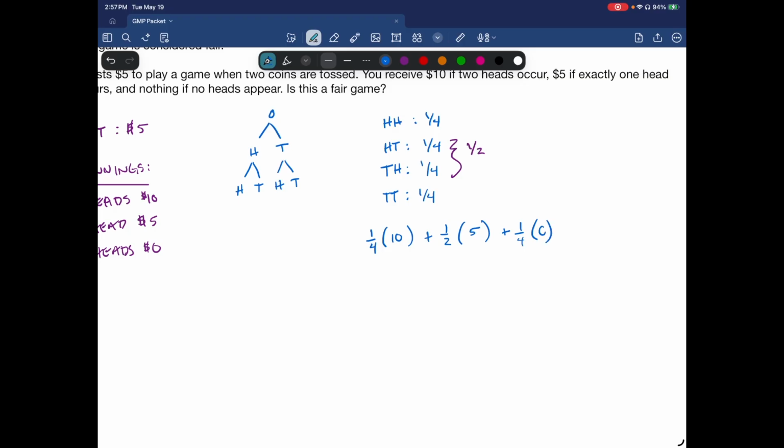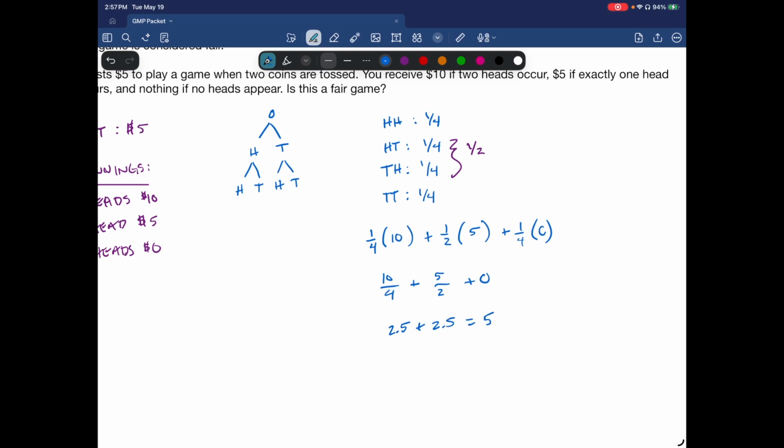Okay, and that's going to be 10/4 plus 5/2 plus 0. All right, you can add this in your calculator or you can get a decimal or whatever, but that's going to give you 2.5 plus 2.5 equals 5.